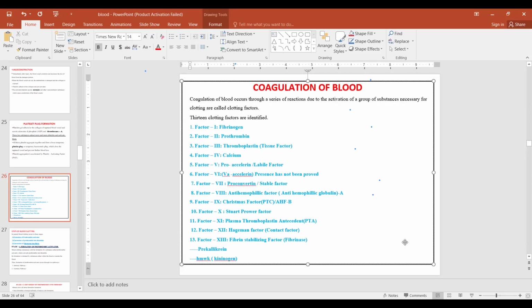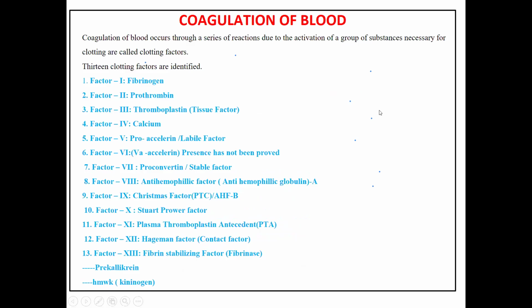These are the 13 factors that participate in blood coagulation. Let's see what they are. You should learn these by heart. Their number is very, very important. All these factors are indicated with Roman numerals. Factor 1, fibrinogen.